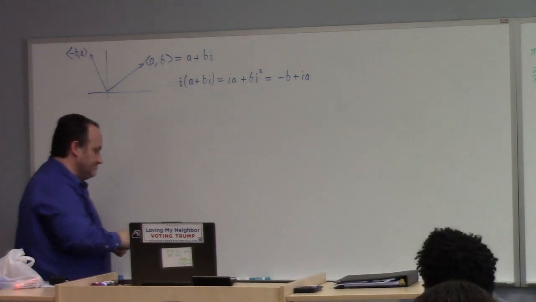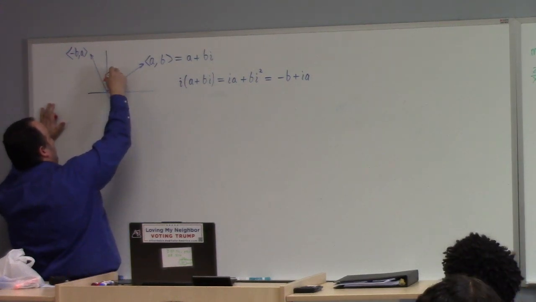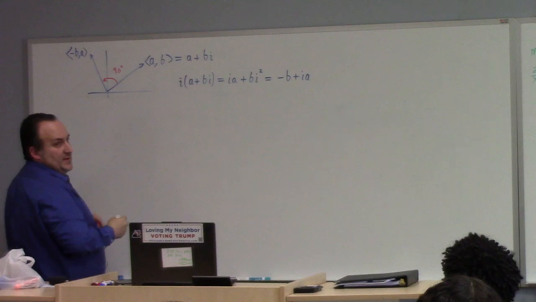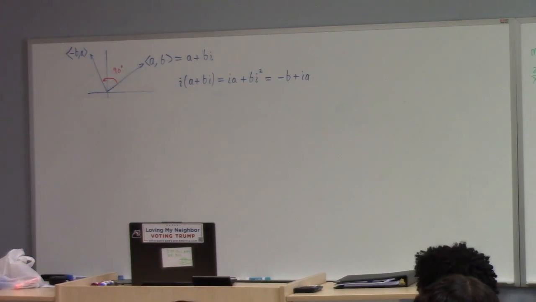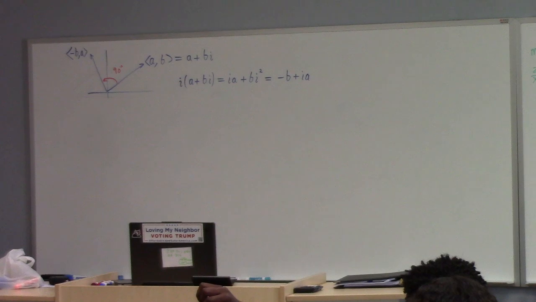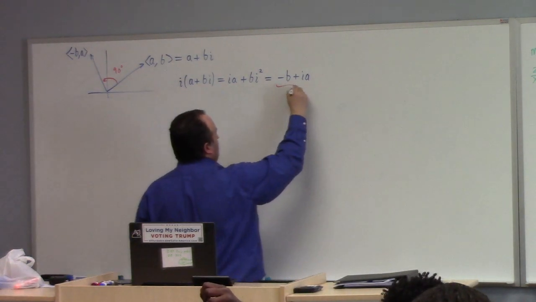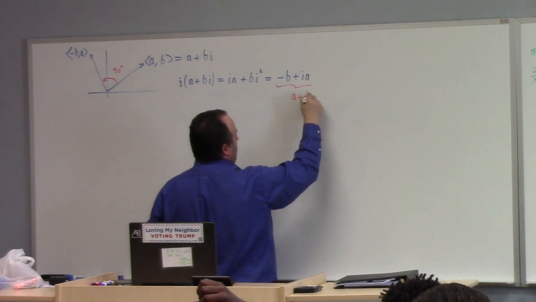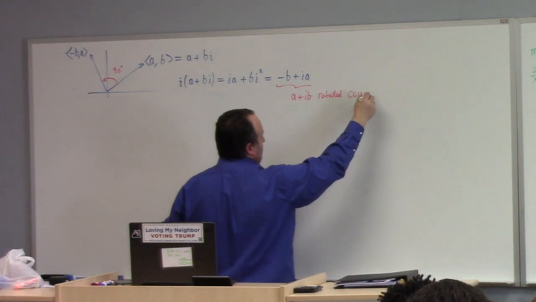What have I done? I have rotated 90 degrees. So multiplication by i rotates a vector counterclockwise 90 degrees. This is a plus ib rotated counterclockwise 90 degrees.